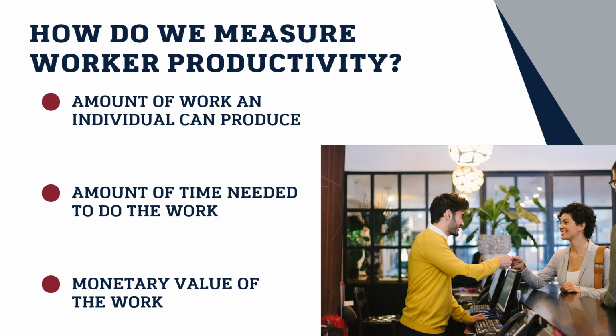Now, how do we measure worker productivity? Businesses measure worker productivity by the amount of work an individual can produce, the amount of time needed to do the work, and the monetary value of the work.